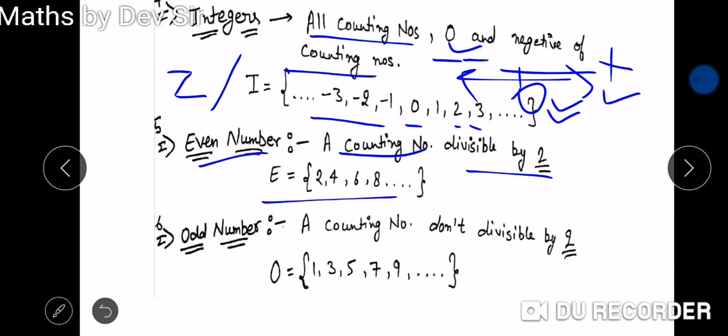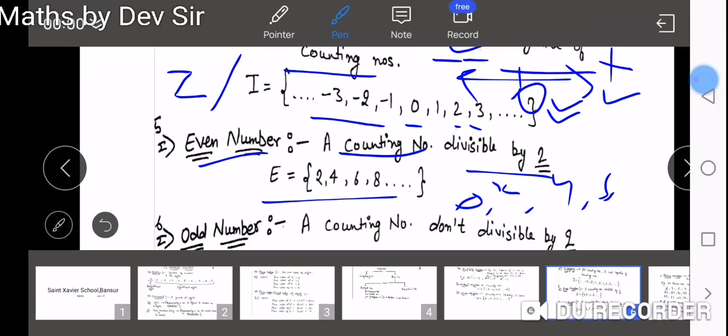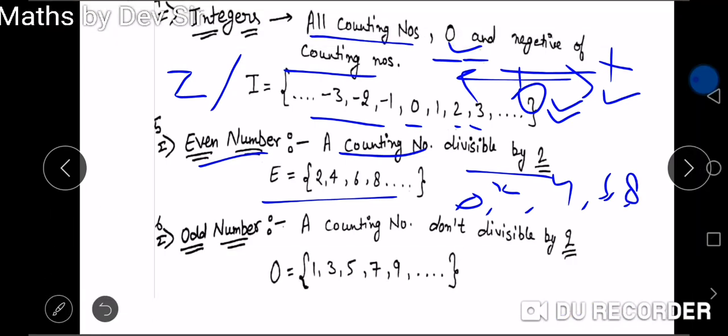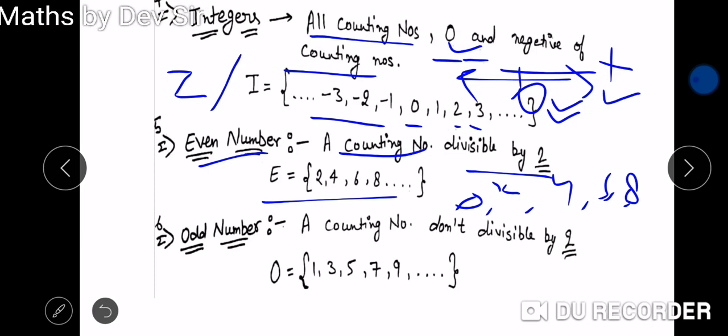In other words, we can say that if the ones place digit in a number is 0, 2, 4, 6, 8.